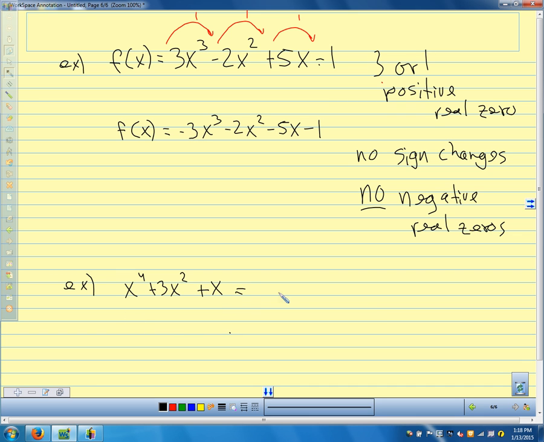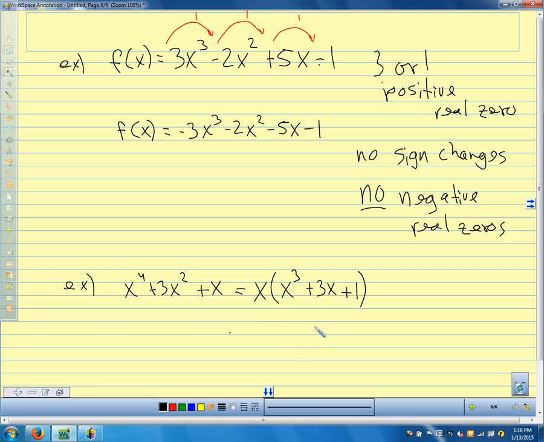Can I rewrite this somehow? What can I do here? Factor out an x. Well, we factored out an x, so what is one of the zeros of this polynomial? x equals 0.